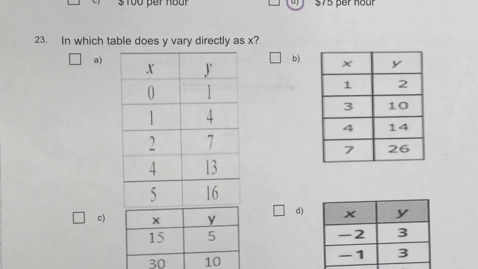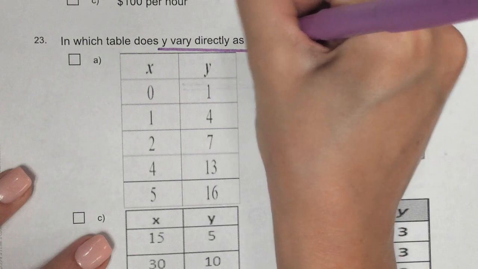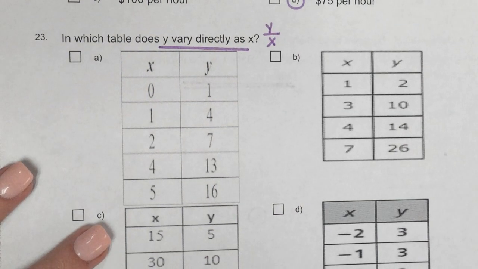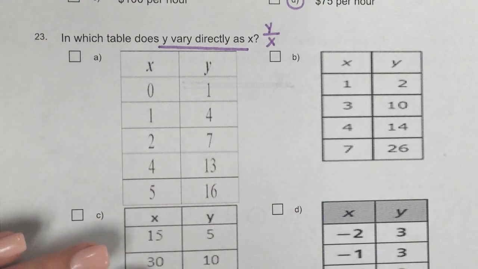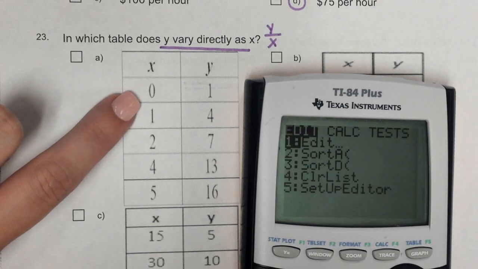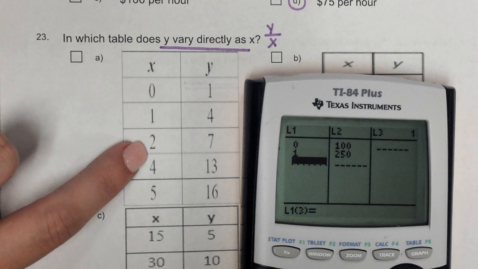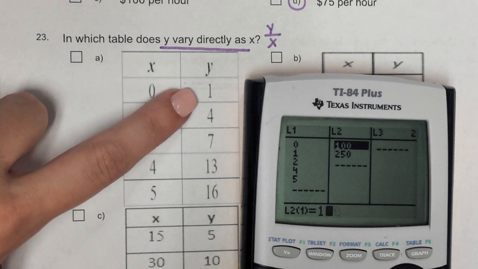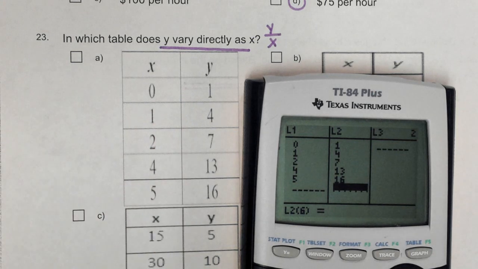In which table does y vary directly as x? So direct variation, you can either take your y over your x and see which one is constant, or we could use our calculator. So I'll do 2 of them on the calculator and 2 of them by hand. So let's do these first 2. Stat edit. So we've got 0, we've got 1, 2, 4, 5. Over here, we've got 1, 4, 7, 13, 16.